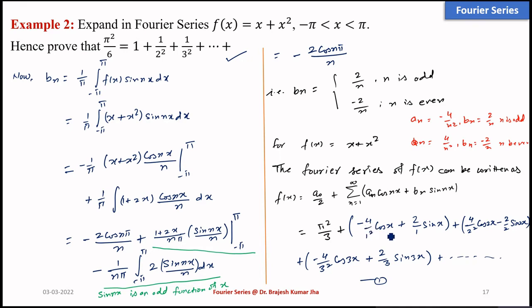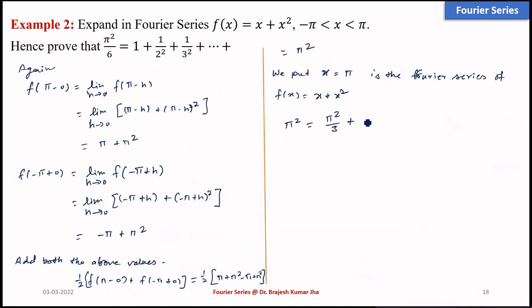Minus 4, you can merge with the minus term that you can merge with the cos x. No issue. So all terms you can make positive. So if you take 4 common, and cos n pi is 1, in that case it is going to be 4 times 1 upon 1 square plus 1 upon 2 square plus 1 upon 3 square and so on, plus 2 into 0 for the sin x that we can write here.